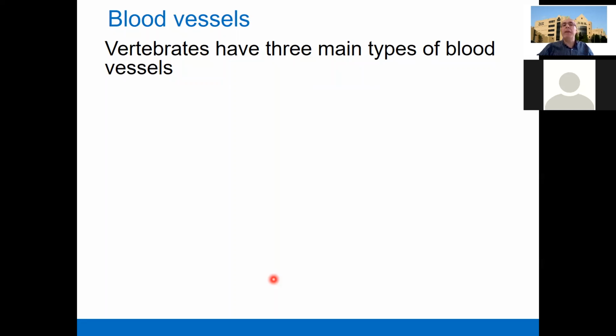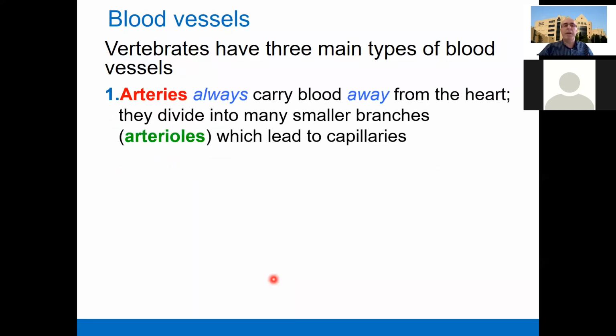Vertebrates have three main types of blood vessels. These are arteries, and they carry blood from the heart, and they divide into many smaller branches, which we call arterioles, and which lead to capillaries.